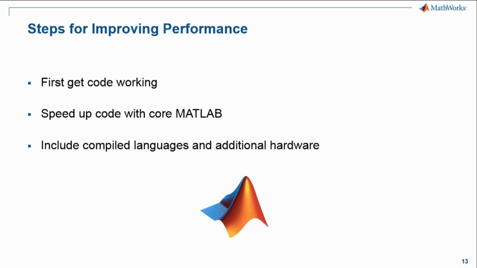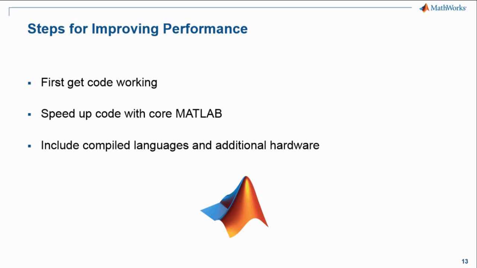So what have we done so far? Well, first, we got our code working. This is important. We don't want to prematurely optimize, spend a bunch of time trying to get code to be really efficient, but have it not give us the correct results. So first get it working, then start looking at speeding it up within MATLAB using things like the profiler and some of the core features of the MATLAB language.